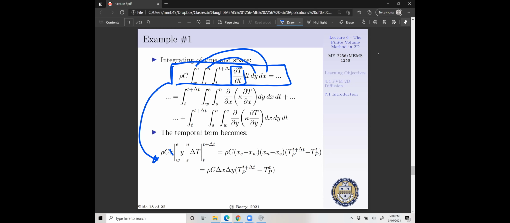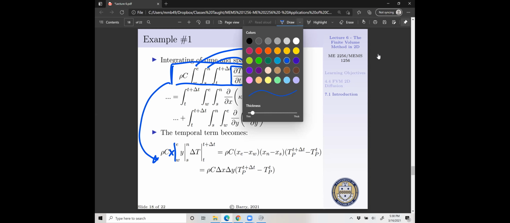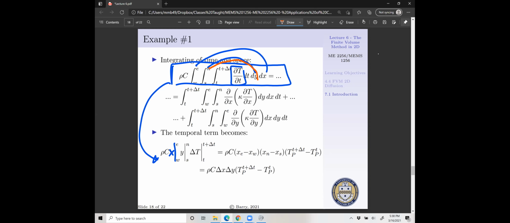So we just plopped out an x, and we're going to evaluate it between the bounds of east and west. On the inside, we have no y within our equation. So we just tack on a y, and we're going to integrate from south to north. And what happens here is when we take the integral from t to t plus delta t of del t dt, that just gives us dt, our change of our temperature evaluated between the bounds of t and t plus delta t.